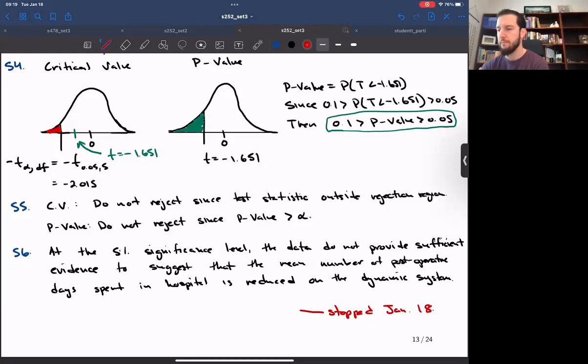And then following that, if there's time, which I think there will be, we'll start lecture set number 4, which is technically review, but most of the material in it will probably be fresh, and it's going to discuss one-way ANOVA.